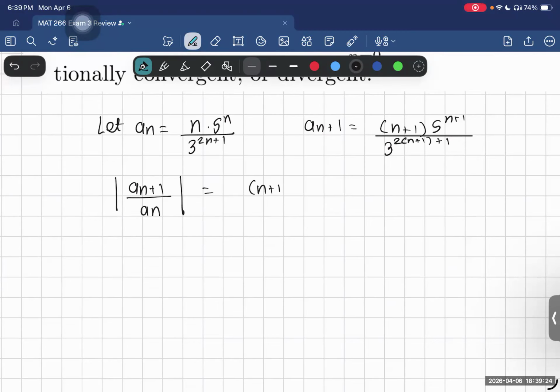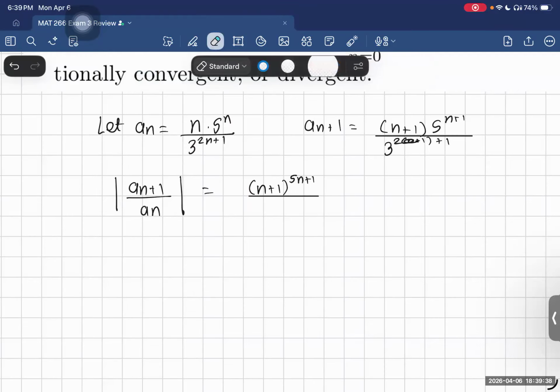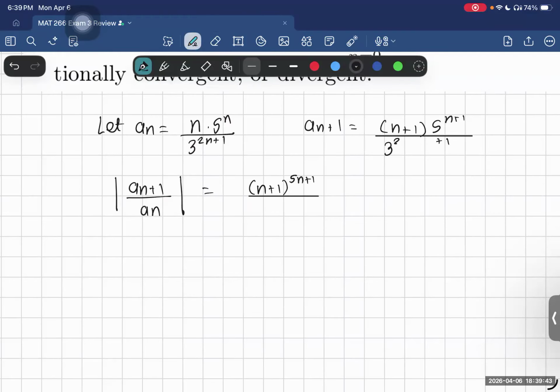So we get n plus 1, 5 raised to n plus 1, divided by, okay, yeah, this one, my bad. This term will not be like this. This term is just 3 raised to 2n plus 1, and this term will be 5 raised to n plus 1.